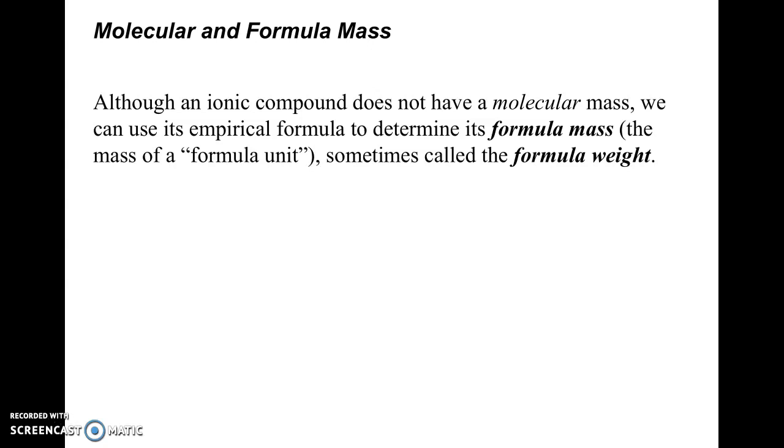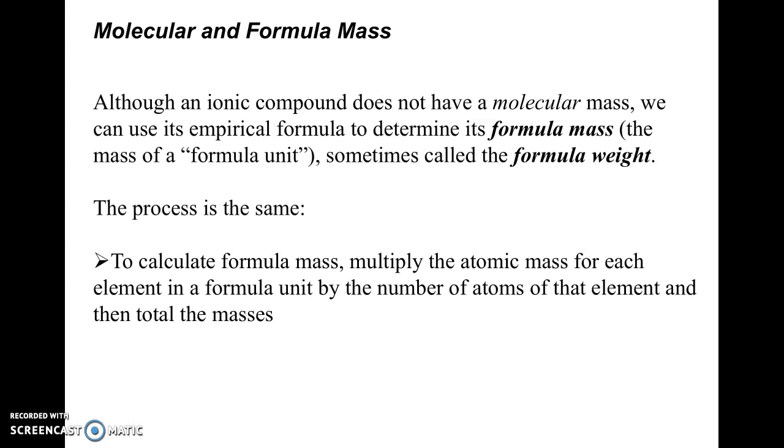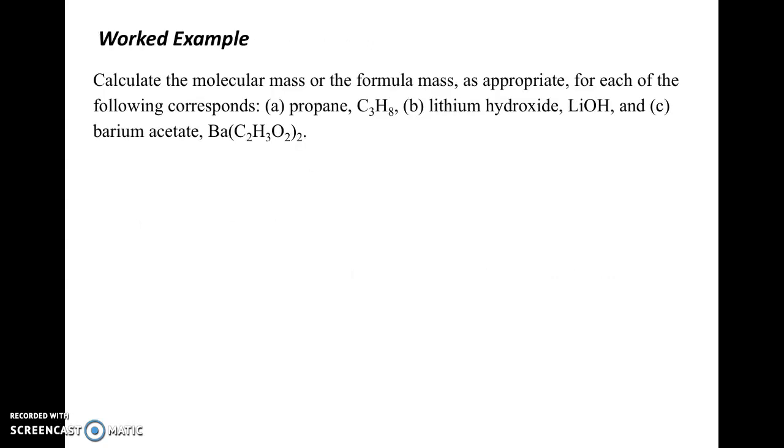We can use its empirical formula, or that formula for a unit, NaCl or LiCl, to determine its formula mass, or the mass of a unit, sometimes called the formula weight. The process is the same, so you multiply the atomic mass off the periodic table by the number of atoms that are present. So we've got some examples here.